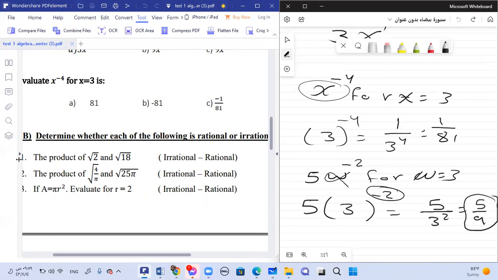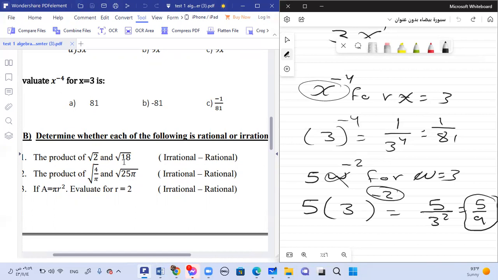It equals 6. So if we have the whole number, okay, you understand? Square root 2 multiply square root 18 equals 6. We should use the calculator, girls. Try to use the calculator before the final, okay?